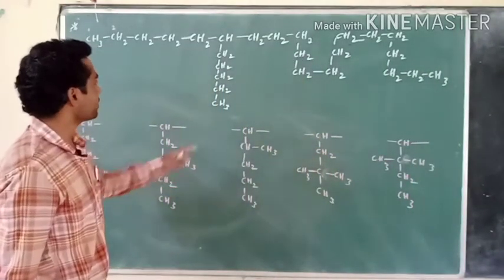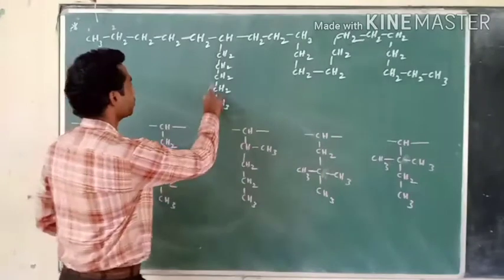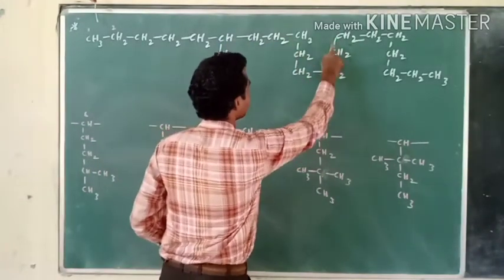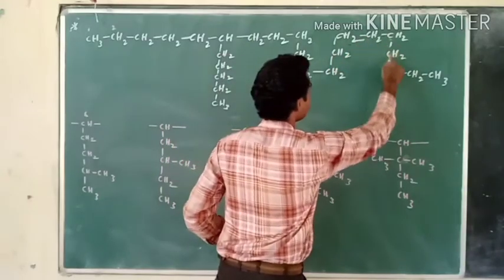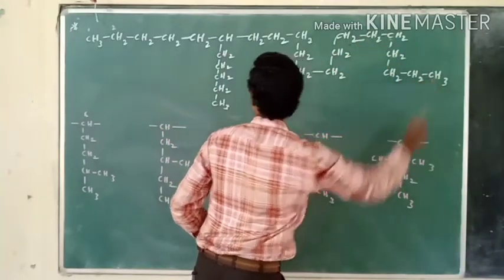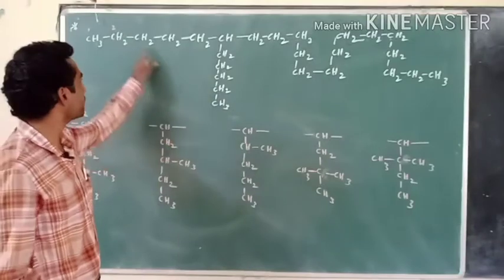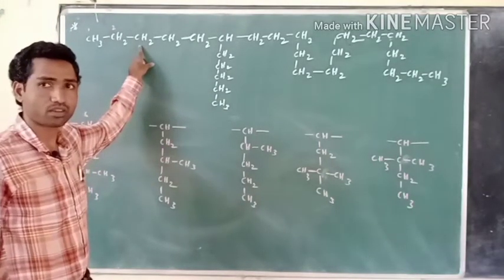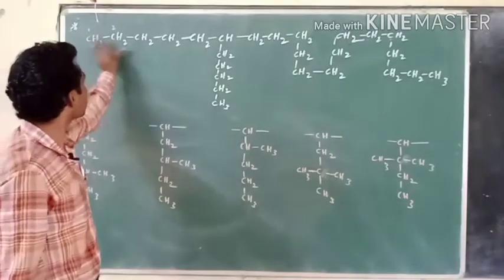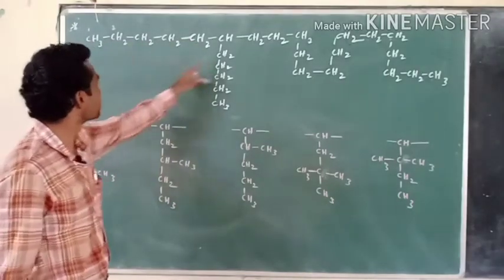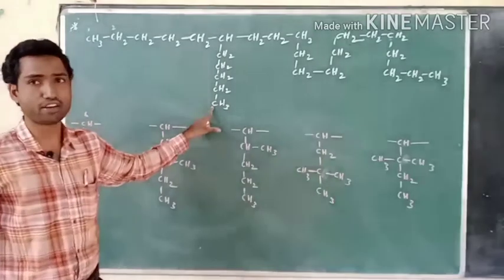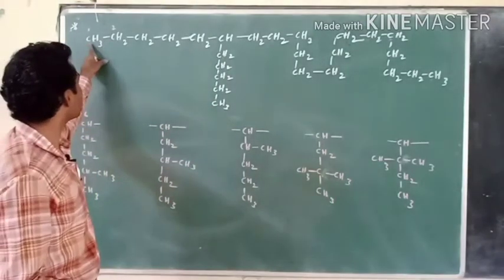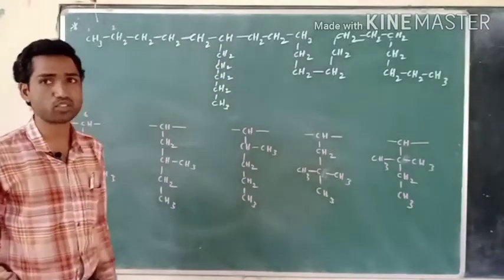Another longest carbon chain is 1, 2, 3, 4, 5, 6, 7, 8, 9, 10, 11, 12, 13, 14, 15, 16, 17, 18, 19, 20. Right. So you can choose both the longest carbon chains, because this substituent is also having 5 carbons, this substituent is also having 5 carbons. Right. So therefore I am going to choose the straight chain as the longest carbon chain.